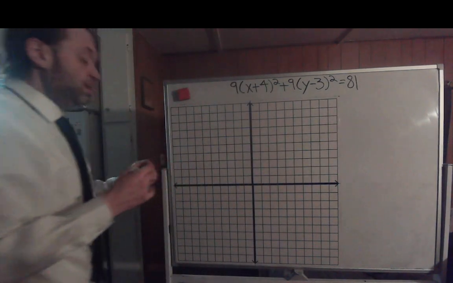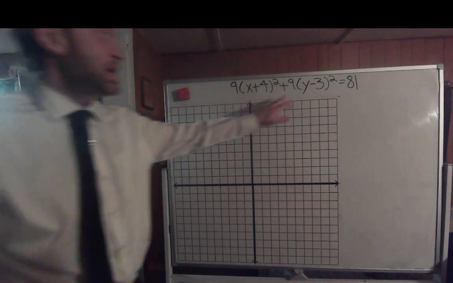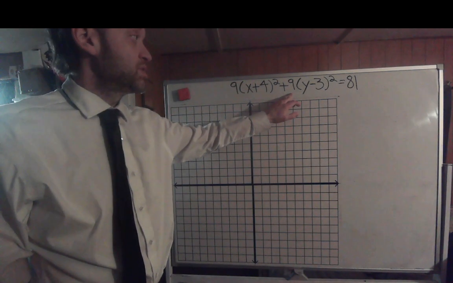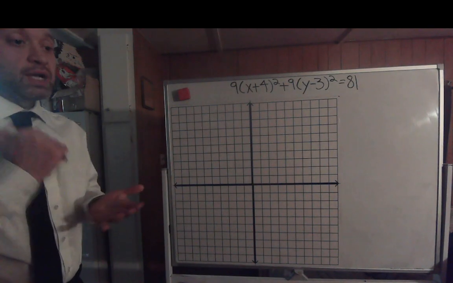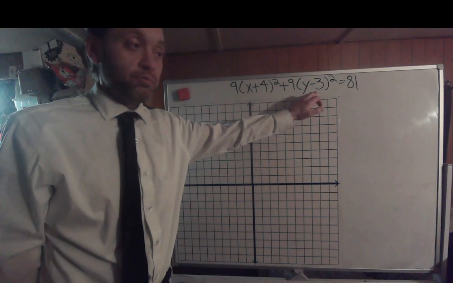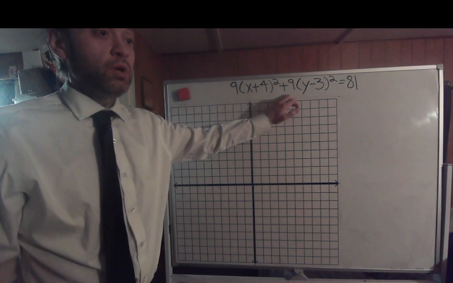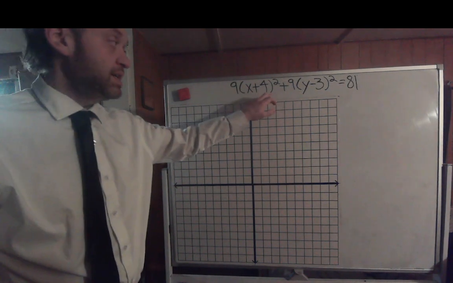Okay, so we have 9 times the quantity of x plus 4 squared plus 9 times the quantity of y minus 3 squared equals 81. Well, again, the coefficients on your variable terms are something other than 1. But at least they're the same coefficient, so that makes your life a lot easier.